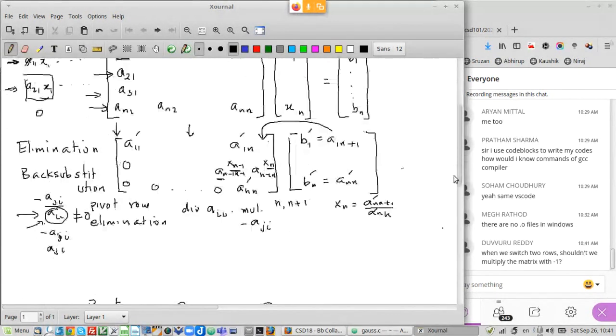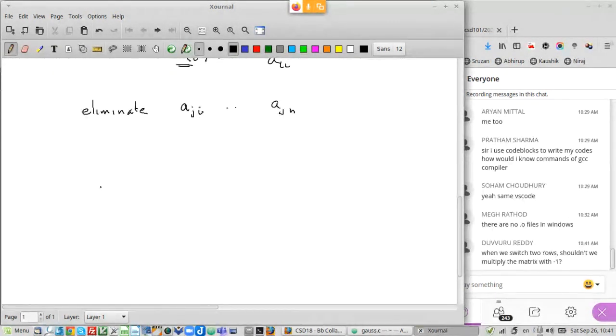Say, for example, supposing this is the ith row, ai1 etc. till ain equal to bi. Okay, so all the x's are there. So here it is x1 and so on. Here it is xn, and these are all added together.